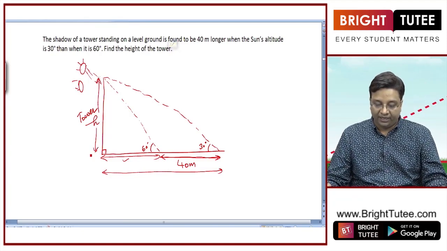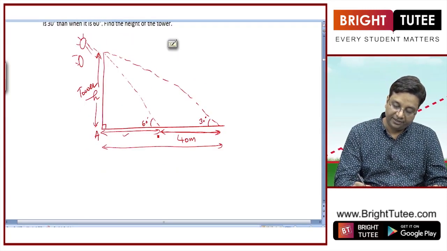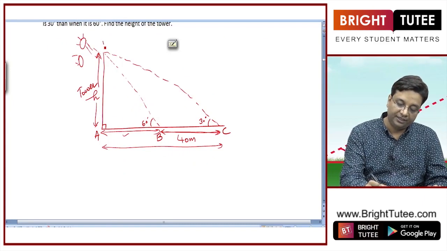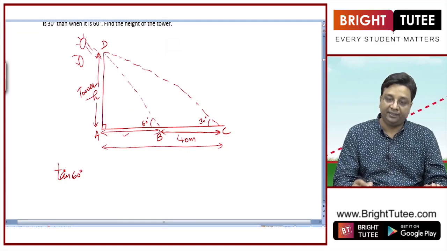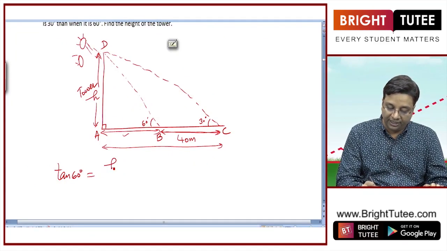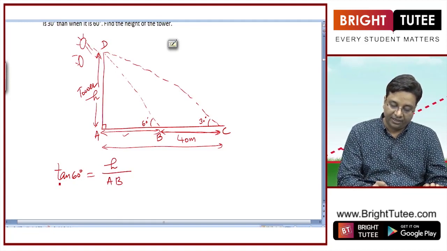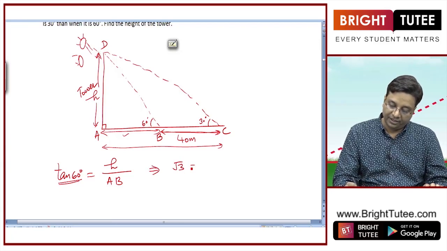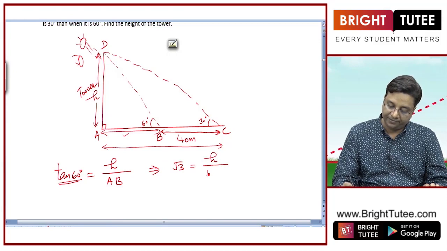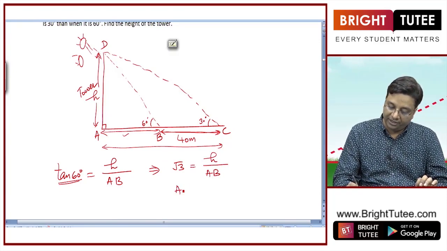Okay, now let's name these points as A, B, C, D. If I apply tan 60 degrees in triangle ABD, I'll get opposite side, which is h, by adjacent side, which is AB. And what is tan 60? It is root 3. So root 3 is equal to h by AB, right? So what is AB?